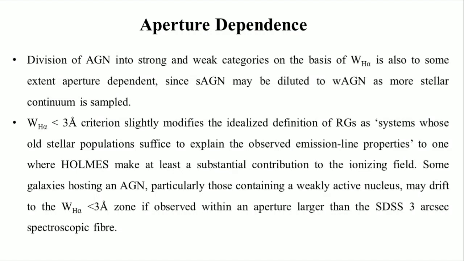It is something which can be overcome, but at the moment it can be seen as a disadvantage which comes with this Venn diagram, which is not there in BPT classification because it's independent of width of H alpha.